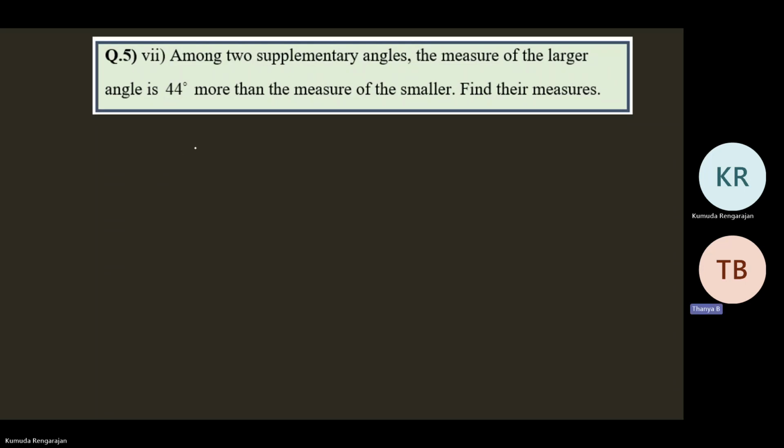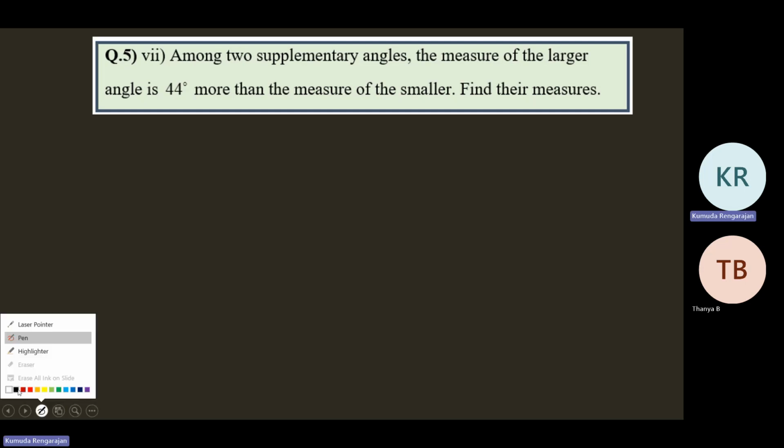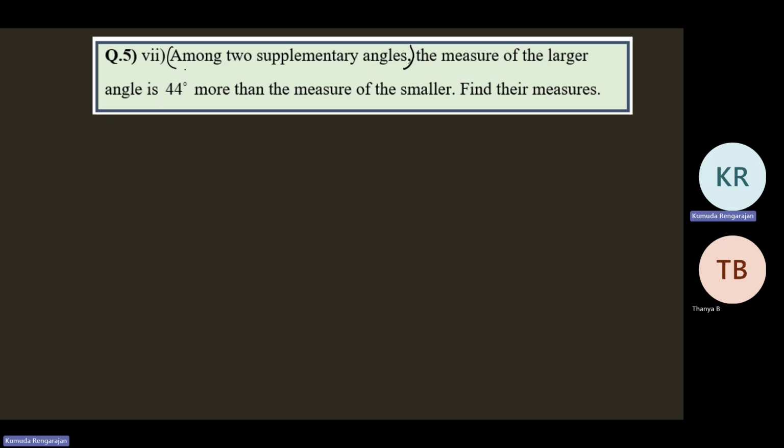This 44, no, don't use. See, we have not read the question so far. Though we read it, I'm saying you don't go so far. Among two supplementary angles. So how will you assume? You have read only these four words, among two supplementary angles. So how will you assume the supplementary angles? 180 degrees.